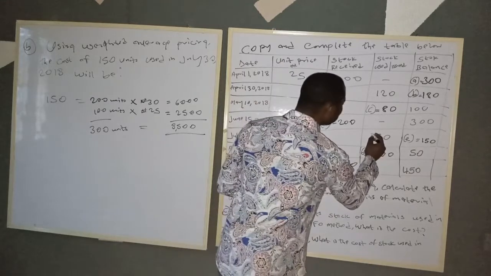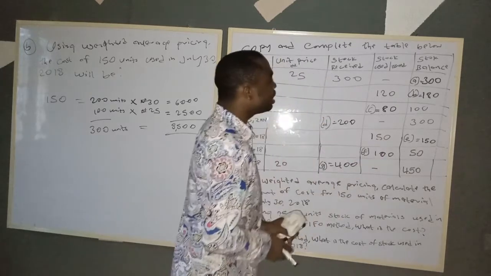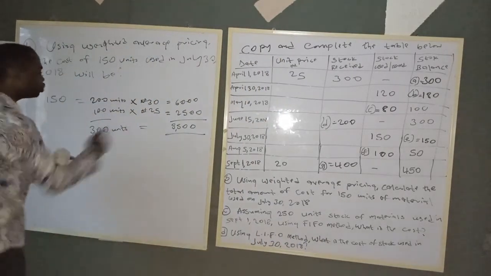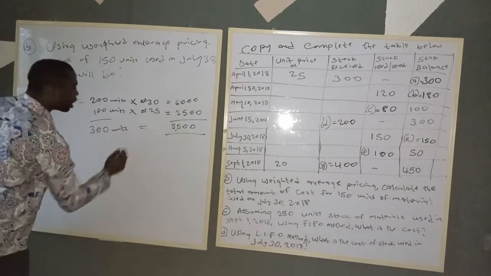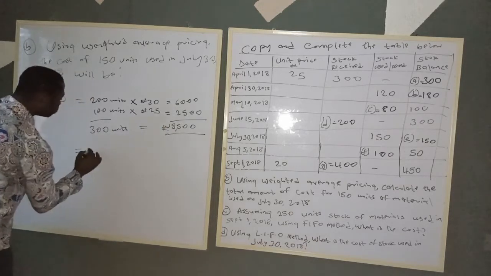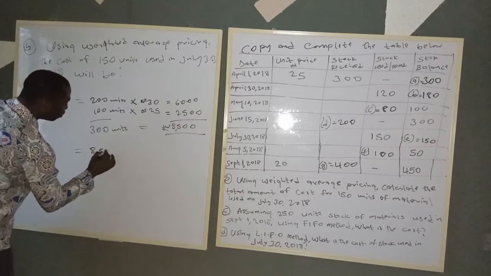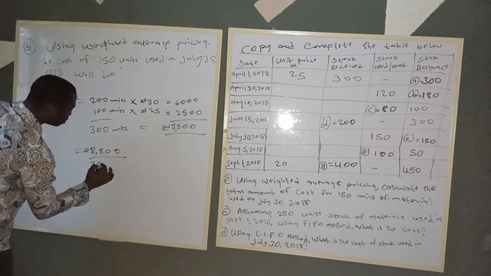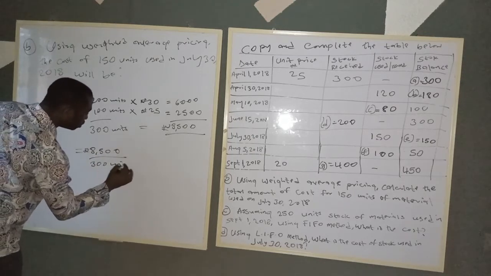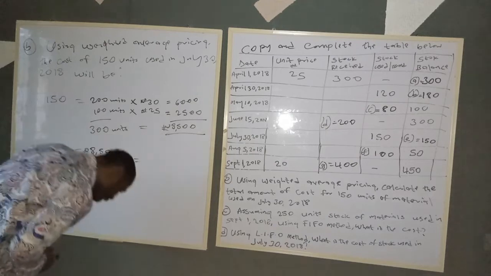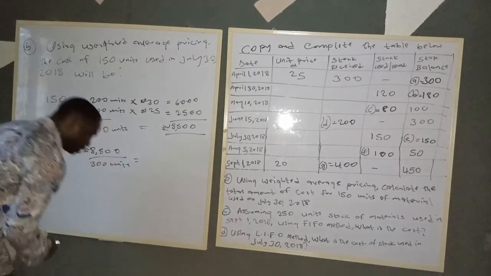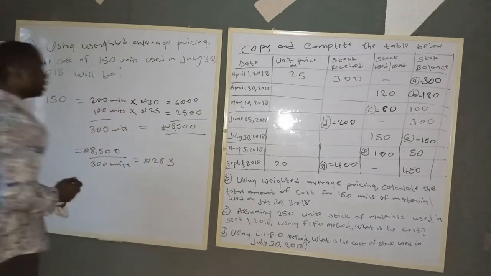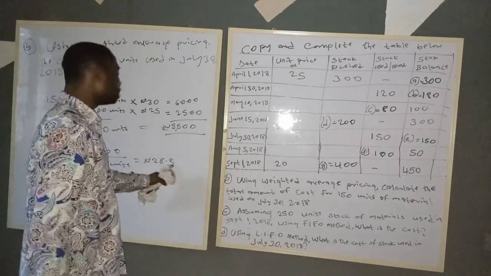But because 150 were used from it, we have to know the cost of that 150. So how are we going to know the cost of that 150? By getting the unit cost of this 300. So how are we going to get it using weighted average? It's going to be this 8,500 naira divided by 300 units, which is going to give us something around 28.3 naira.